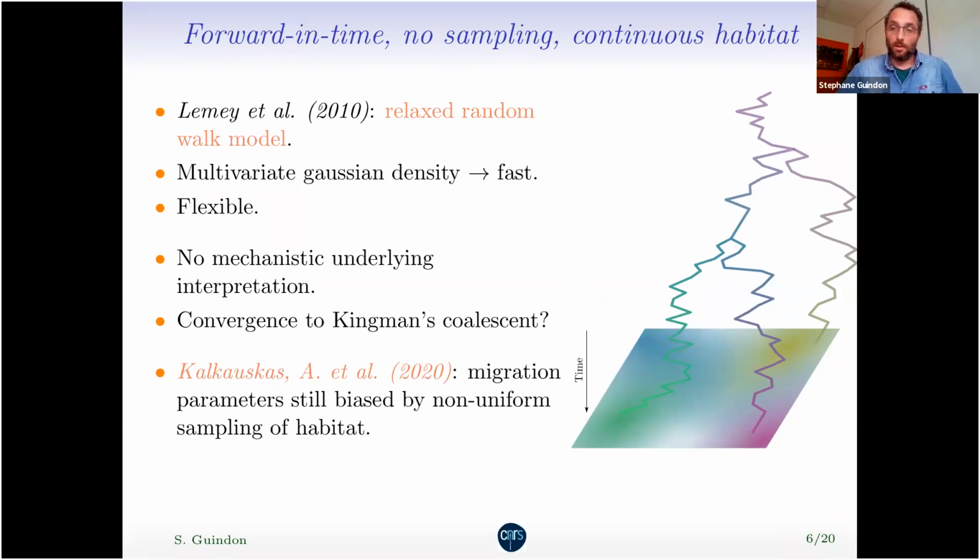In 2020, so just last year, in a collaboration with Nicolas de Maio and his colleagues, we've shown that here again, just like for the migration model, we have bias problems when we look at migration parameter estimates, depending on how lineages are sampled in space.